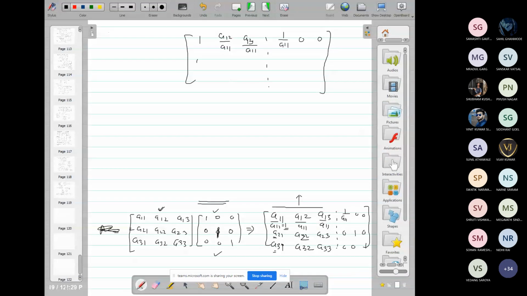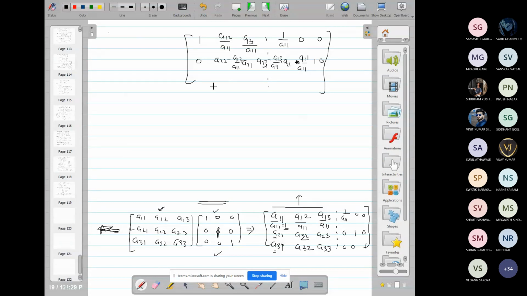And here A22 minus A12 upon A11 into A21, and the third becomes A23 minus A13 upon A11 into A21, and here 0 minus A21 upon A11, and 1 and 0.